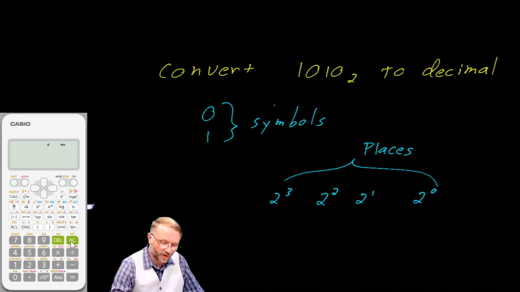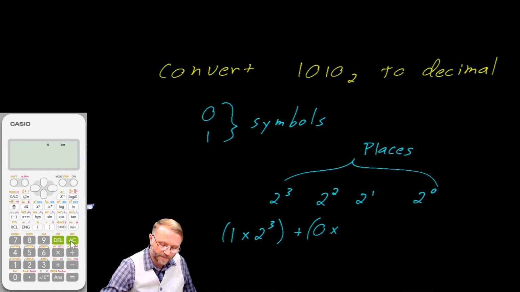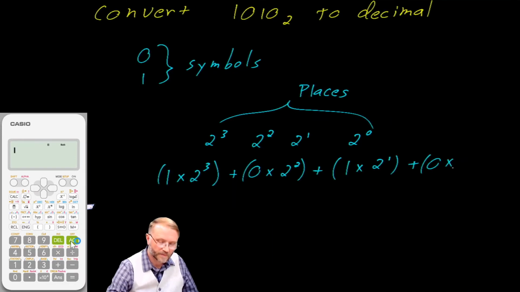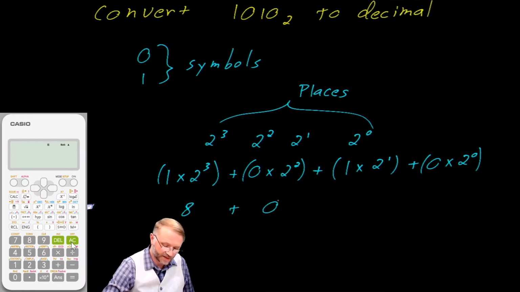In expanded form, we take this first digit, and it's 1 by 2 cubed, plus 0 by 2 squared, plus 1 by 2, plus 0 by 1. And converting that to decimal, that would be 8 plus 0 plus 2 plus 0, meaning that 1010 base 2 is equal to 10 base 10.